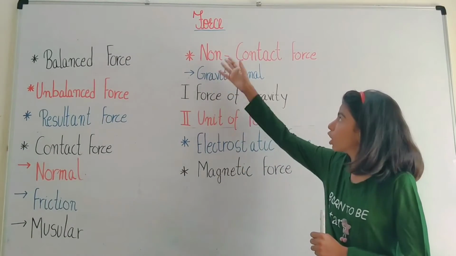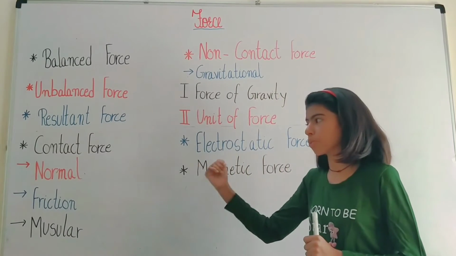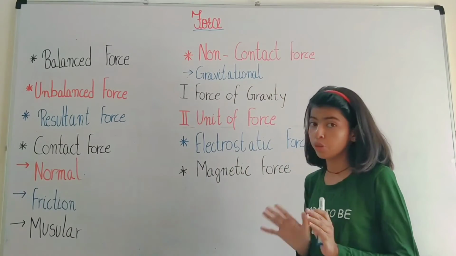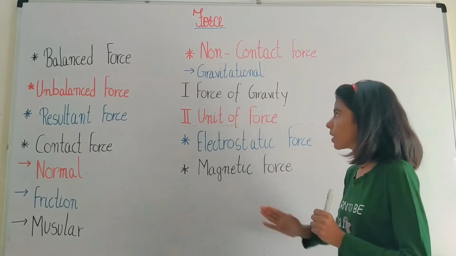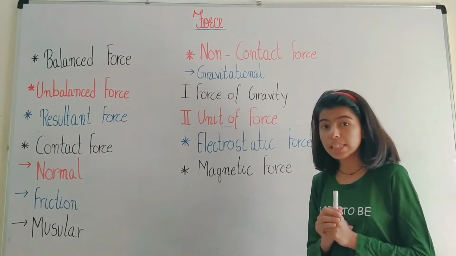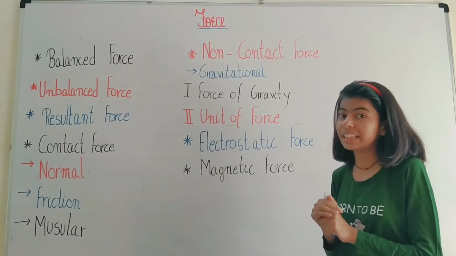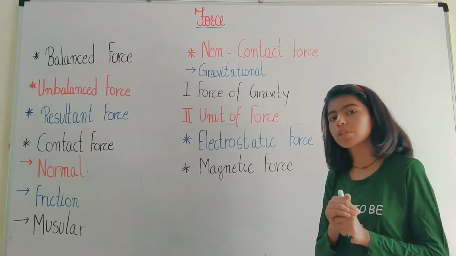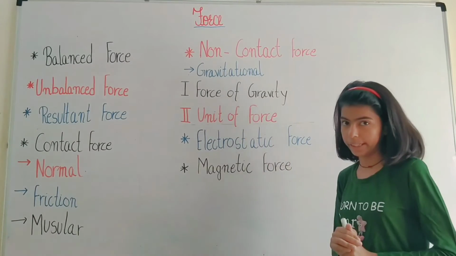The next is non-contact force. As the name suggests, the non-contact force is the opposite of contact force, which means it does not require any touch or contact. The example is gravitational force. Newton says that all objects in the universe attract each other by some force. This force is known as the gravitational force, the force of gravity.